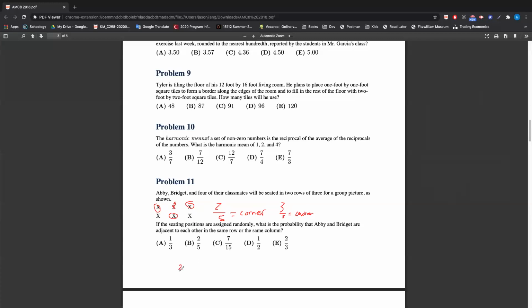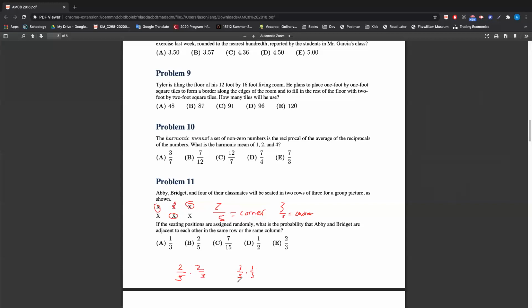So what we do to do that is take 2/5 and multiply by 2/3. And we take 3/5 and multiply by 1/3. So this accounts for the probability that that specific arrangement happens. So this is basically saying there's 2/5 chance of being together, and that's only if they're on the 2/3 chance that Abby is in the corner.